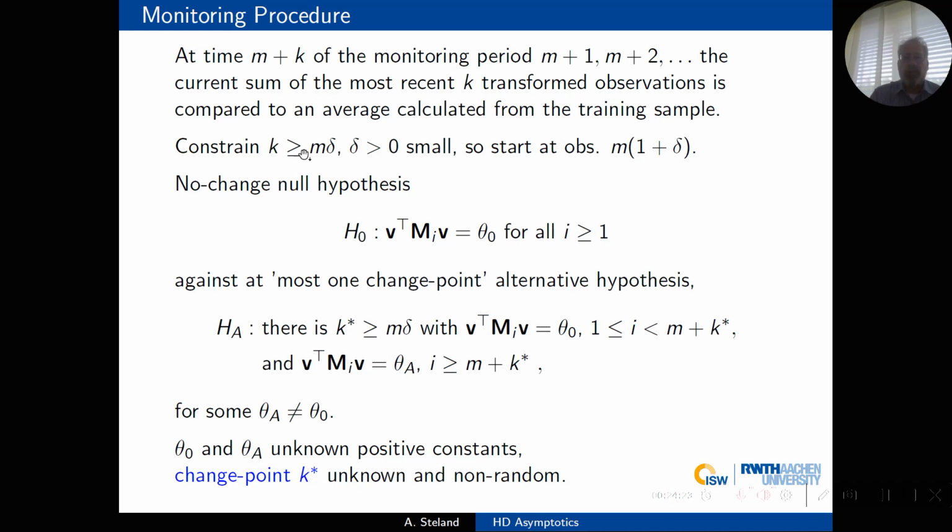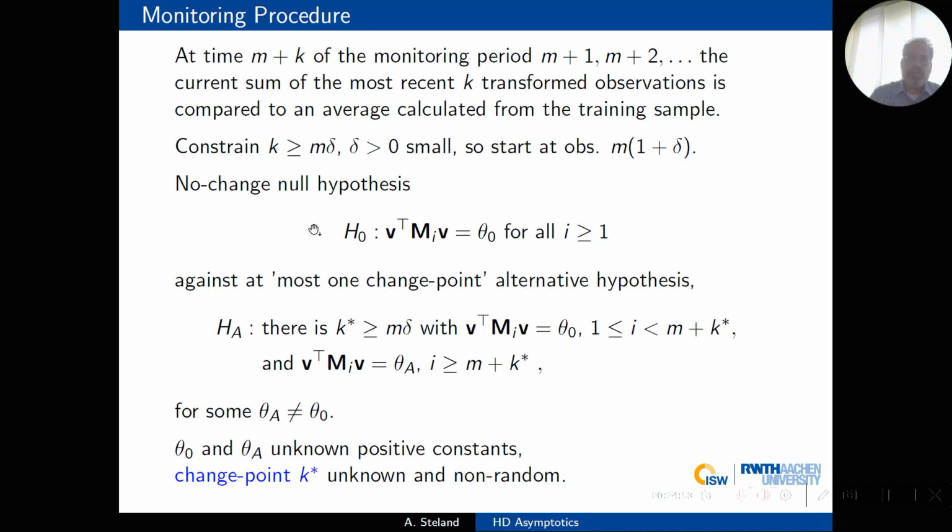We have a constraint so that we look into the monitoring procedure after a small delay m times delta. Essentially we start at this observation, and the idea is to base a decision not only on, say, 1 or 2 observations of the monitoring procedure. So we have at least m times delta observations from the monitoring procedure to have a valid decision.